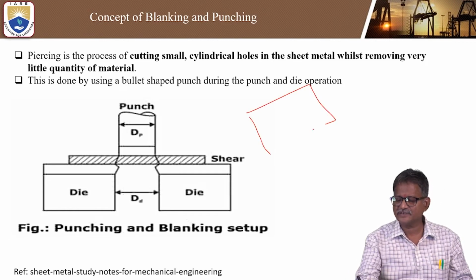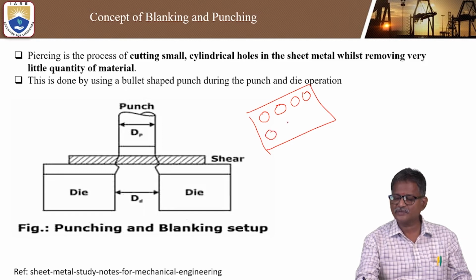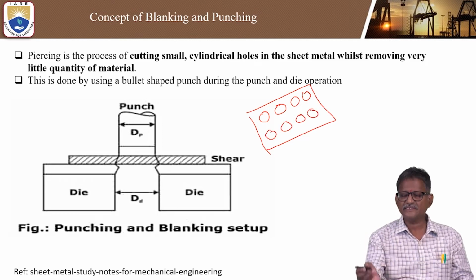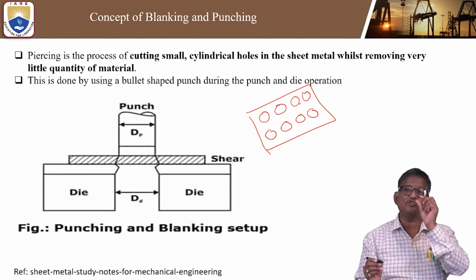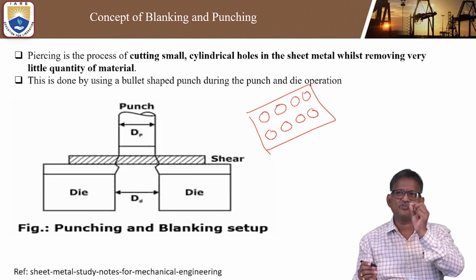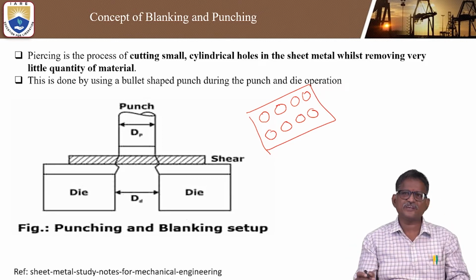For example, if you have one sheet and you want to make a series of holes, that process we will call piercing. Piercing is the process of cutting small circular cylindrical holes in a sheet metal, while removing very little of the material.